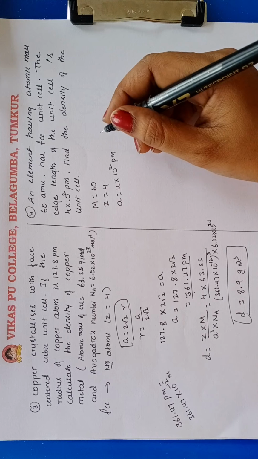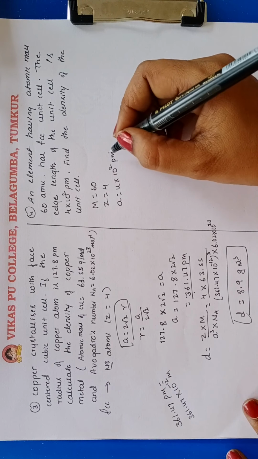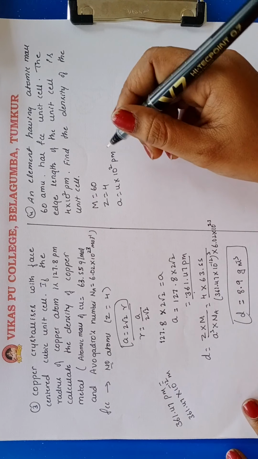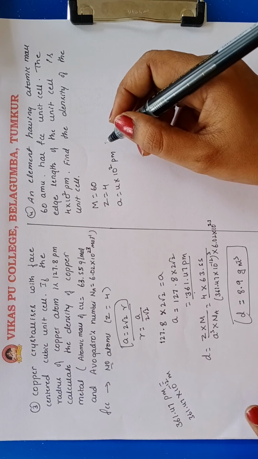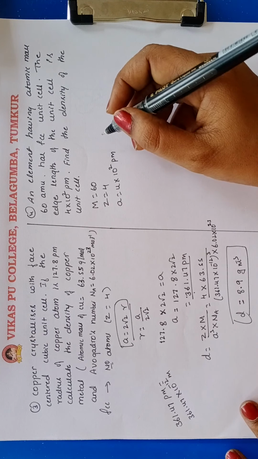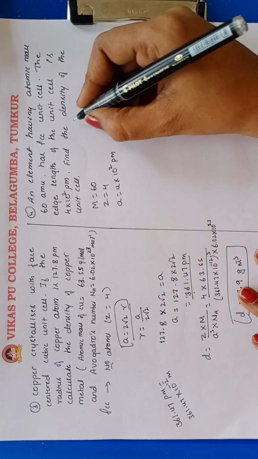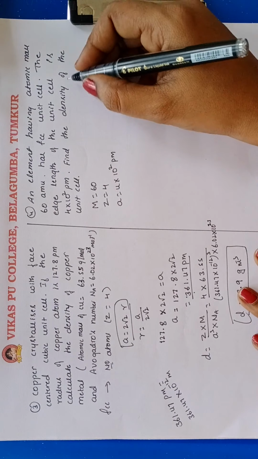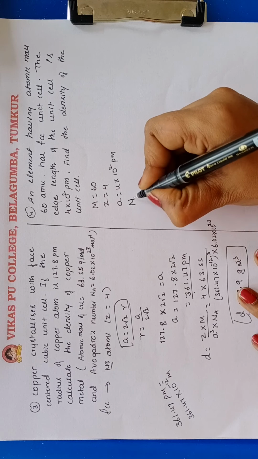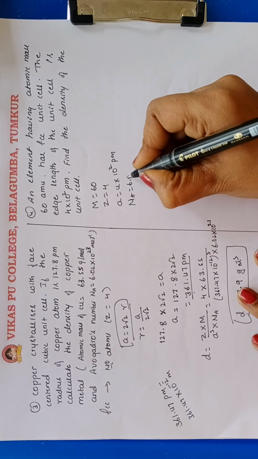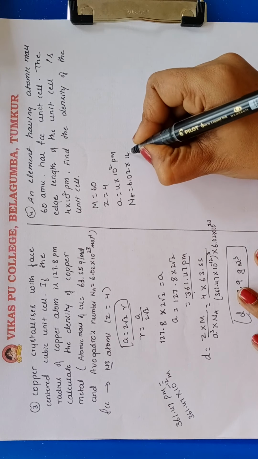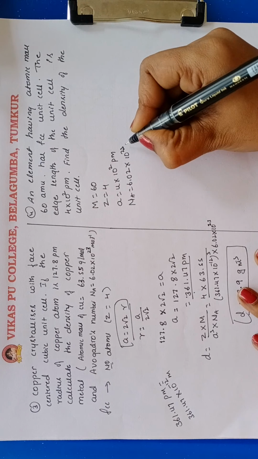First we should convert this into centimeter. For Avogadro's constant, you can take the same value, 6.02 into 10 to the power of 23 per mole.